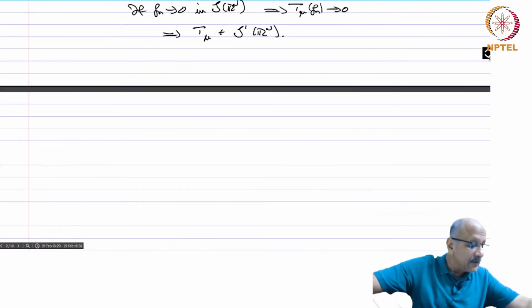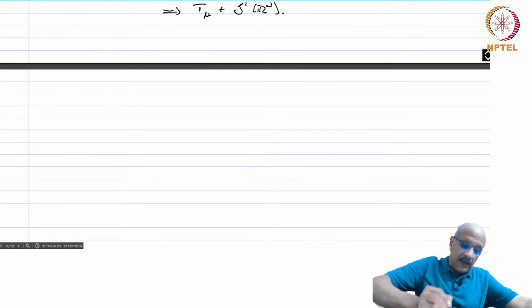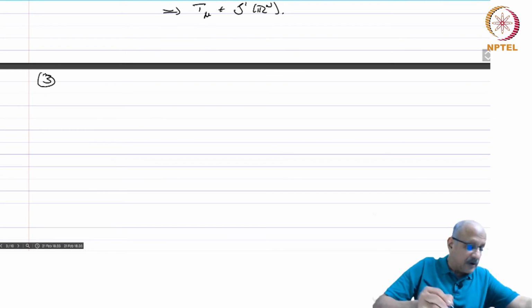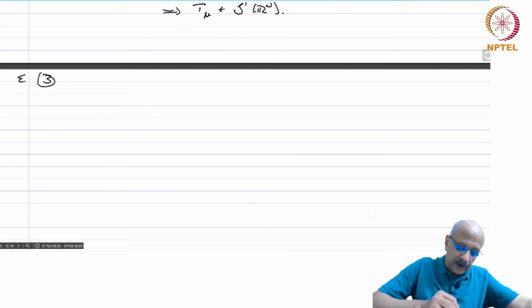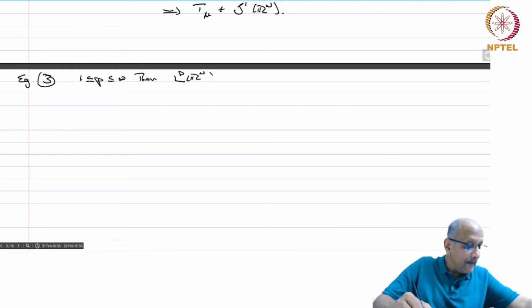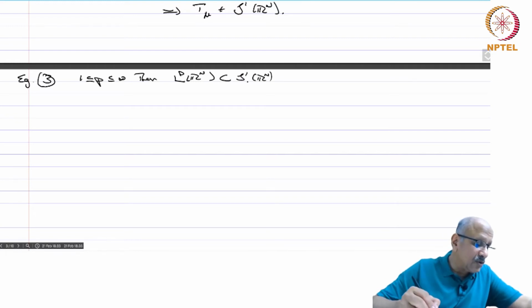Okay. Then example 3, this is very important. For 1 less than or equal to p less than or equal to infinity, Lp of Rn is in S prime of Rn. In fact, it is a continuous inclusion also.